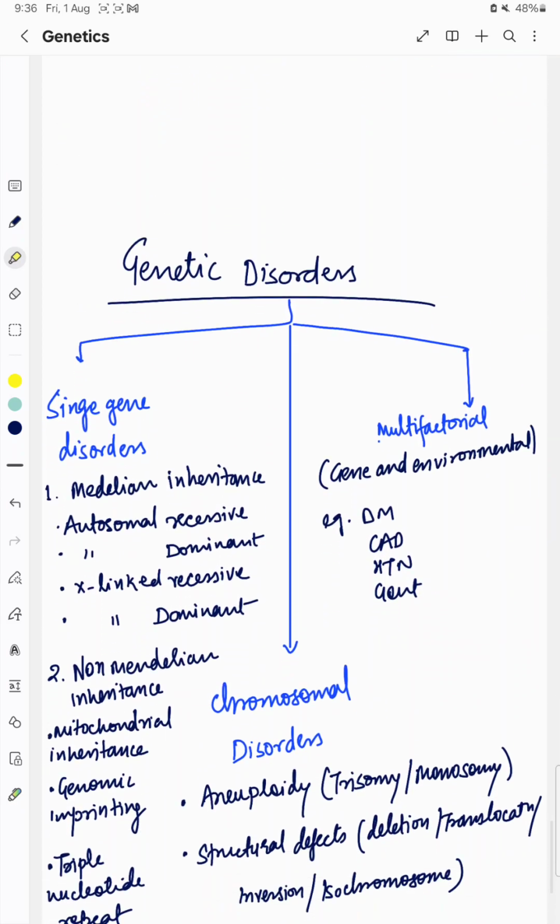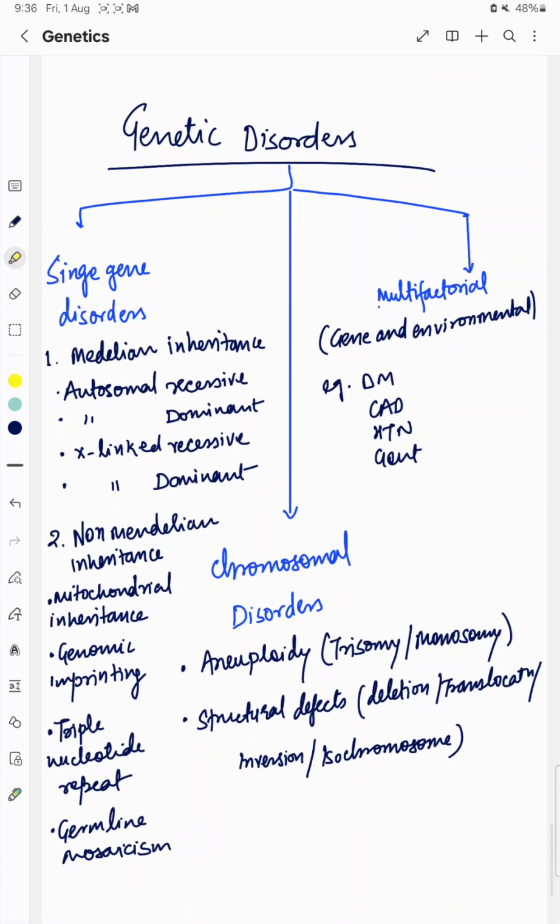Now we will discuss the basic classification of genetic disorders. In genetic disorders we have three categories: single gene disorders, chromosomal disorders, and multifactorial disorders. In single gene disorders we have two subcategories: disorders that follow Mendelian inheritance, and disorders with non-Mendelian inheritance.